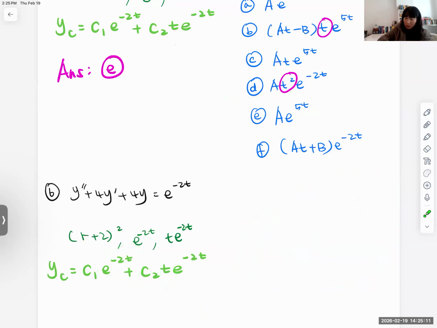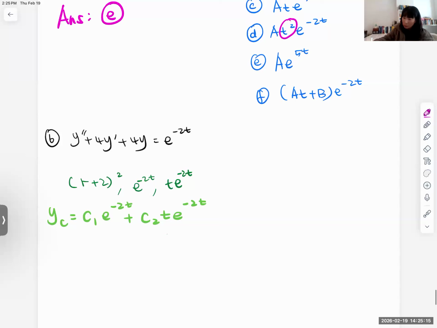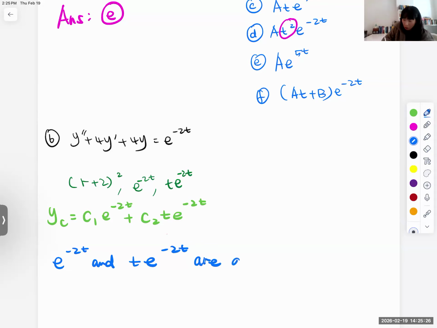Okay, so let me write down: e to the negative 2t and t e to the negative 2t are already in the solution, right?